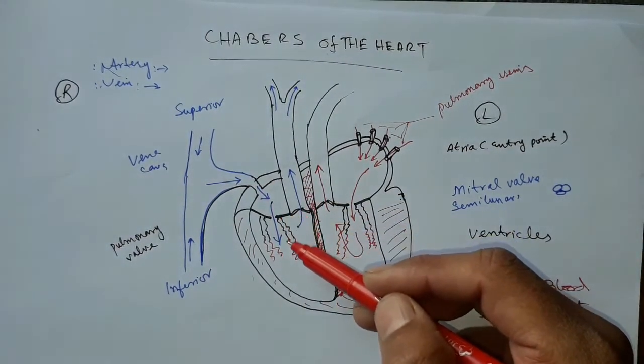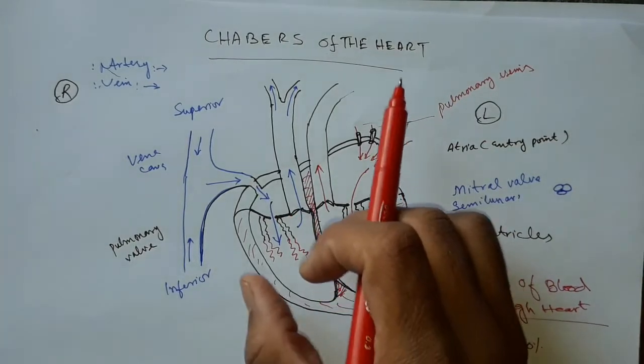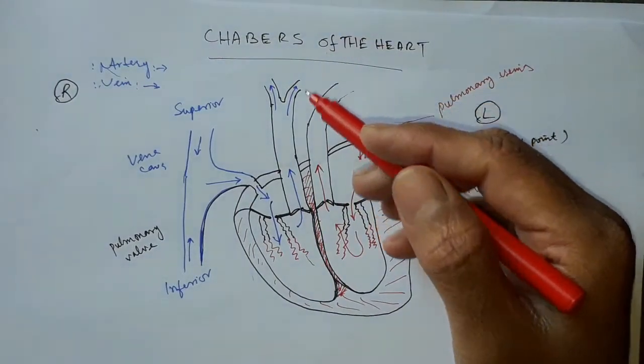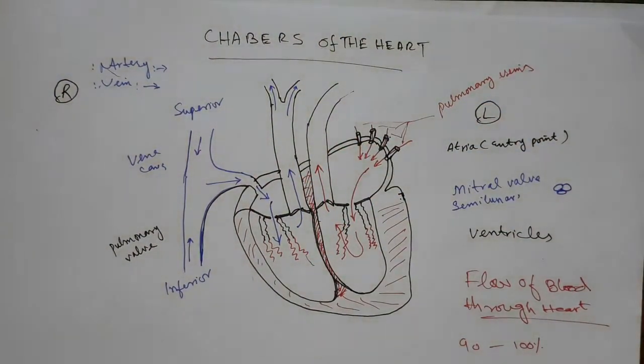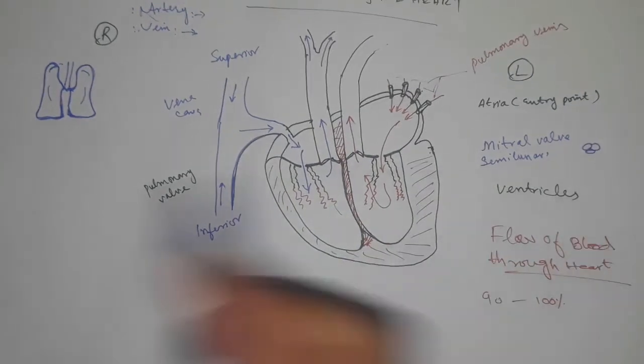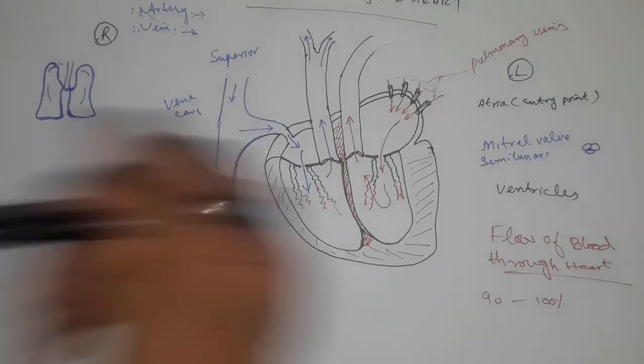right atrium. When the right atrium contracts, it gives blood to the right ventricle. When the right ventricle contracts, blood is sent to the lungs for oxygenation. The pulmonary artery carries blood into the lungs for oxygenation.